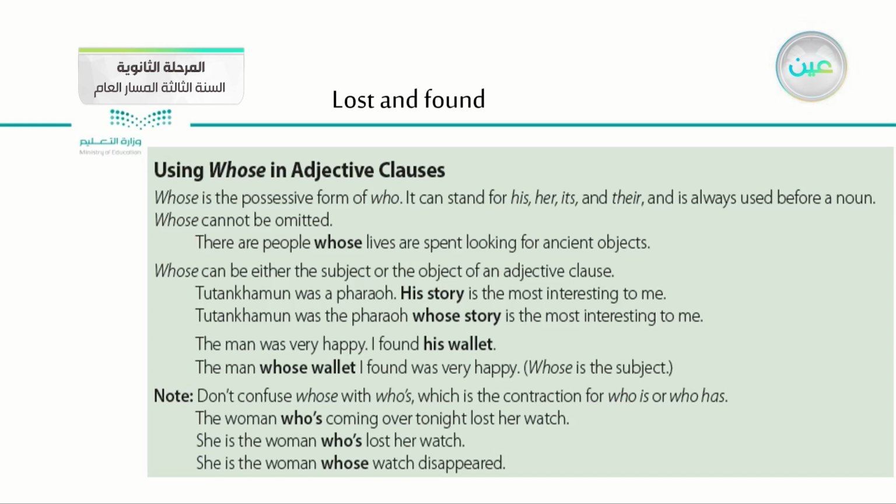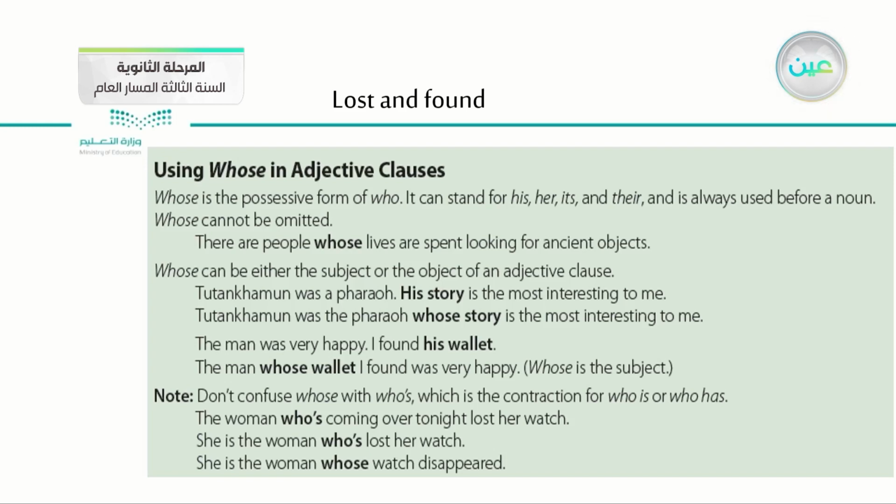And let me remind you one more time that the adjective clause basically consists of subject, verb, object. So if we go over these examples, Tutankhamun was a pharaoh. His history is the most interesting to me.